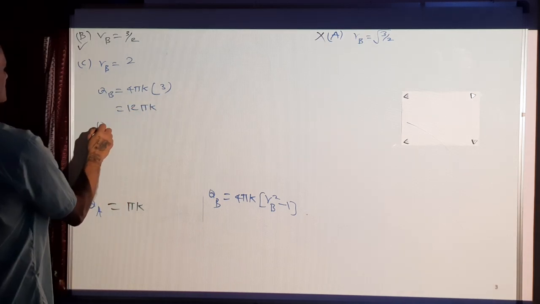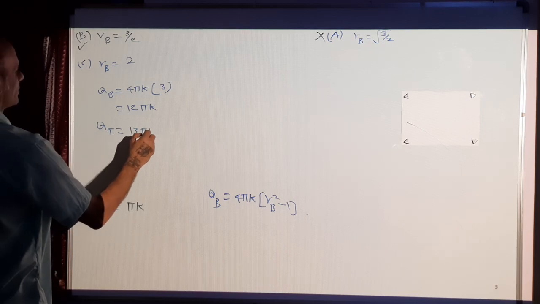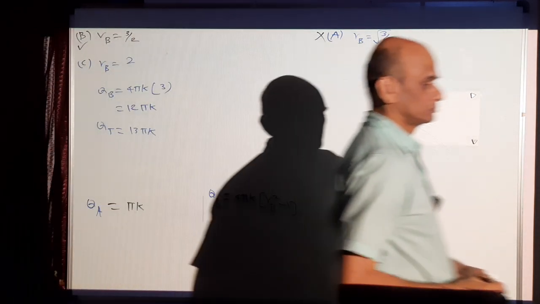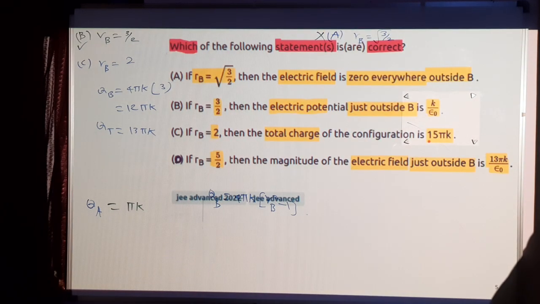So the total charge is QA plus this one, so 13 pi k. There is 15 pi k there. So option C is not true.